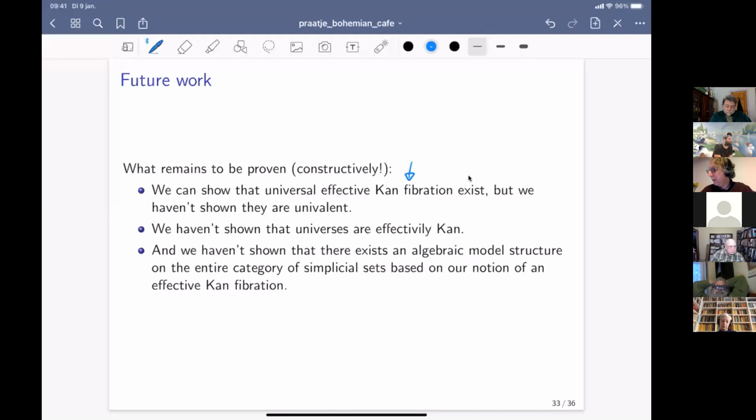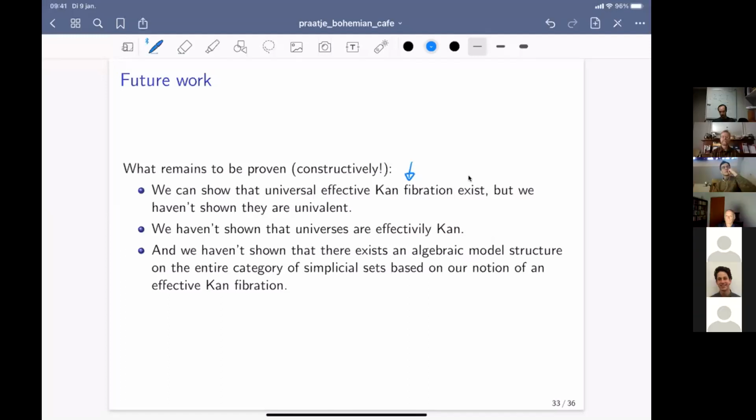Maybe one thing to add is that one thing we don't expect will hold constructively is that these effective fibrations are closed under retracts.